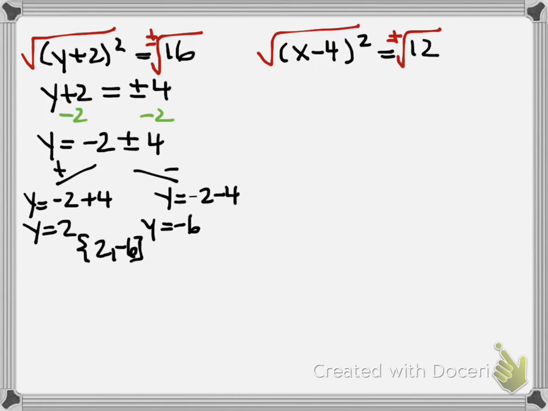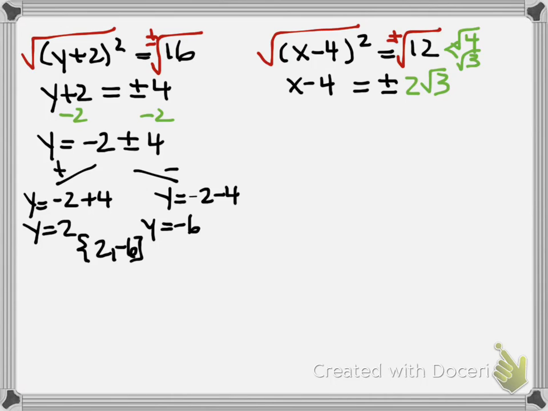But because I'm taking the square root of a variable, I'm going to have to write plus or minus on the other side. Mr. Bradbury, I don't see you writing. So I get the quantity squared, square root of, gives me x minus 4. The radicand comes out. And over on this side, I actually have to simplify that radical. So 12 is the same as 4 times 3, so I'm going to take the square root of 4, which is 2, and the leftover is the square root of 3.